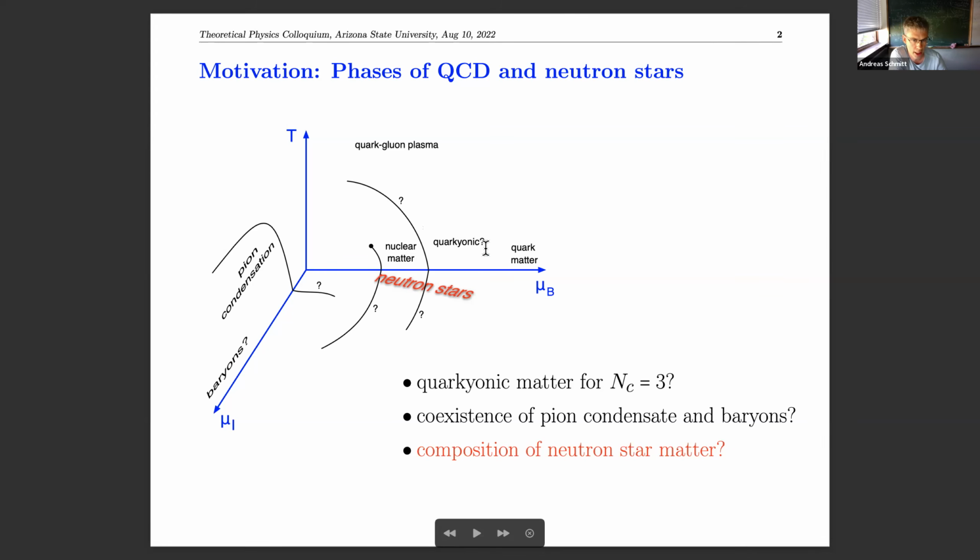One of the candidates I will come back to later is the so-called quarkyonic phase, which has been pointed out in the large N_c limit of QCD. And one of the questions is whether there's some remnant of that phase at the physical N_c equals 3 case. The phase transition between deconfined and confined matter, we don't really know where it is. We don't know whether it's a crossover or first order phase transition. That's why I put a question mark here.